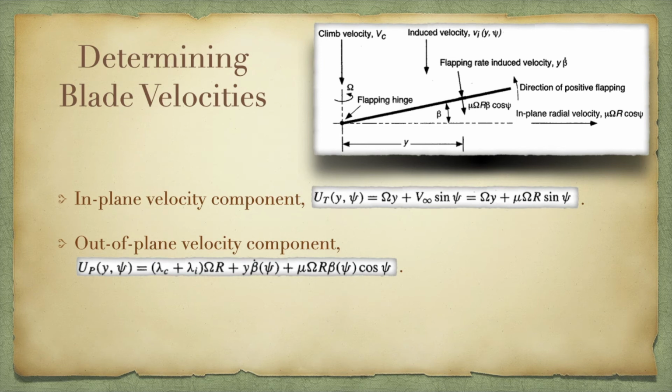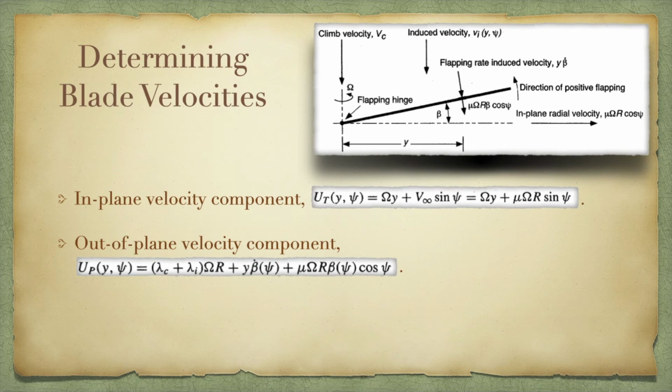So with the flapping, by considering this image which is shown, a perturbation in velocity y beta is produced as a result of flapping velocity about the hinge, with another perturbation, that is mu omega R beta cos psi, produced because of blade flapping displacement, that is coning.